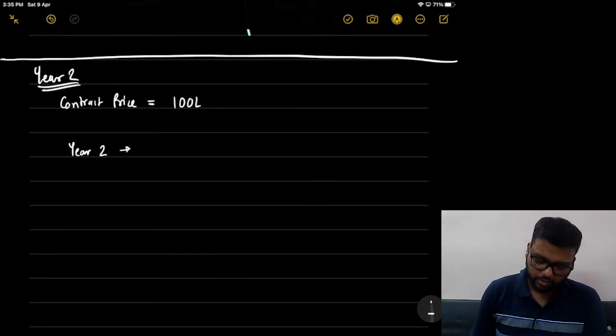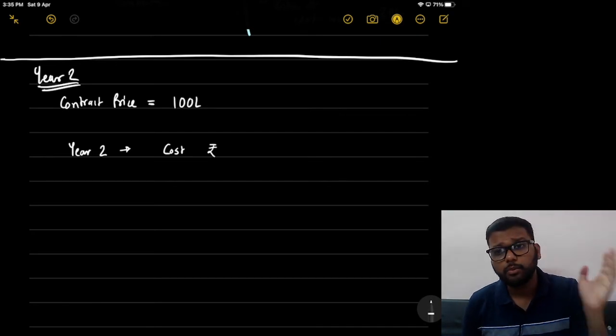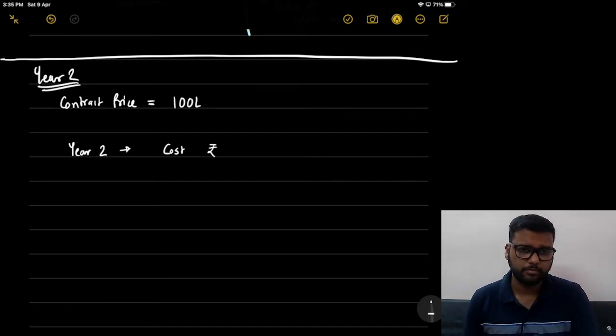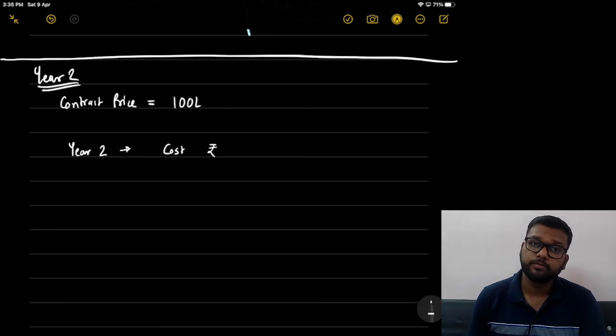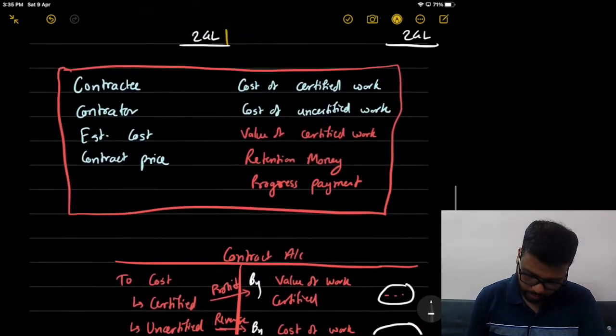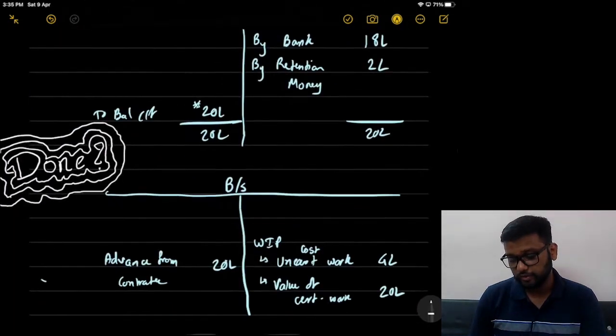We have already incurred how much cost? 20 lakhs, right? Let's say our total estimated cost was how much? 80 lakhs, right?